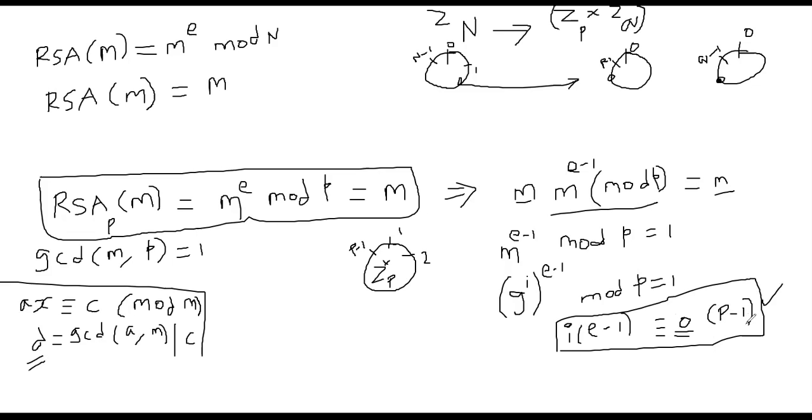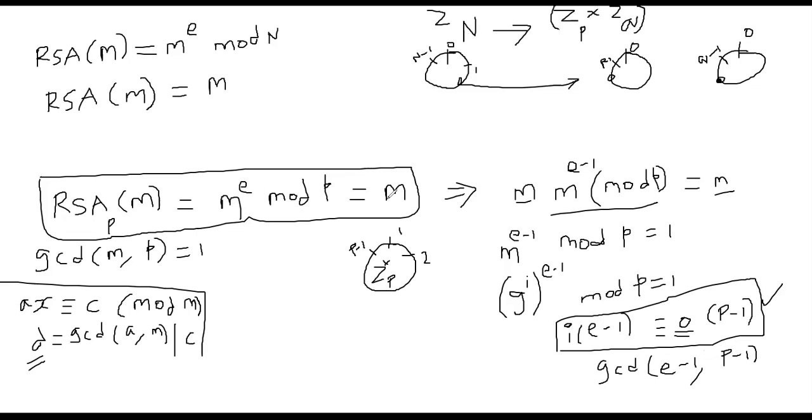Although P is private in RSA, for this calculation, we are going to compute how many points are fixed points, right? That's the reason why I say we know P minus 1. So the unknown is I, which is the same as X in this equation. So anyway, the number of solutions is GCD of E minus 1 comma P minus 1. That's basically the number of solutions to this equation, the equation in the box.